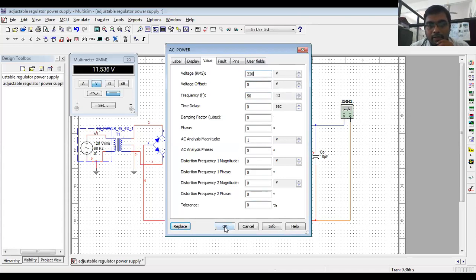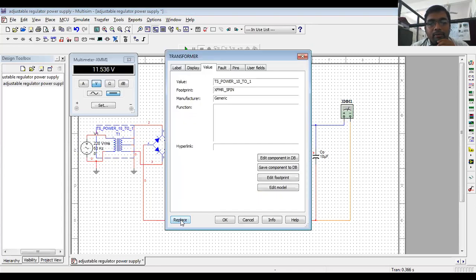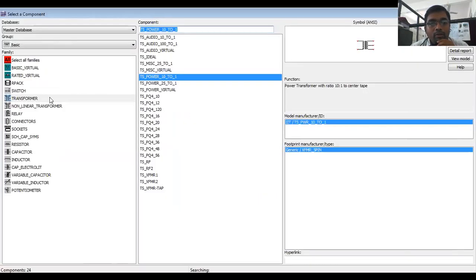After this, you have to use a transformer. Here I have taken 10:1. Go into the component database, select the group Basic, and select the transformer.